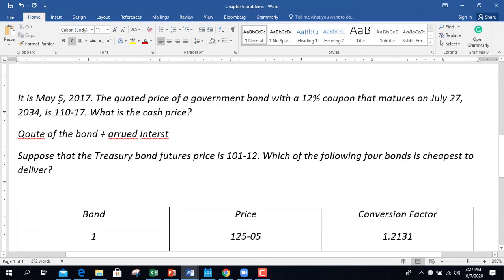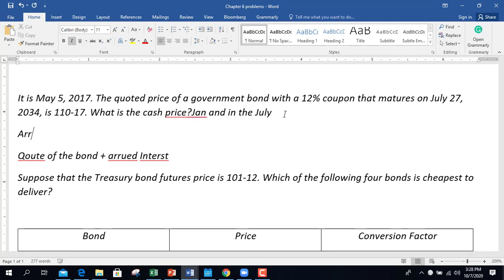Now you need to find the accrued interest. It is May 5th, 2017, and the bond matures on July 27th. Government bonds generally pay interest in the months of Jan and July. So it is May, and you have to find the accrued interest between Jan and May.